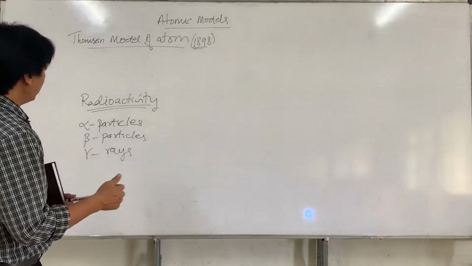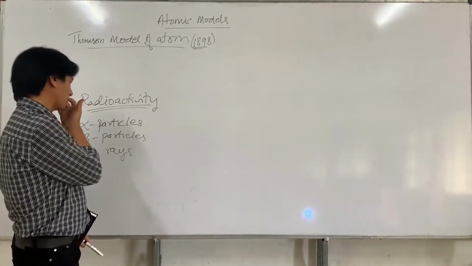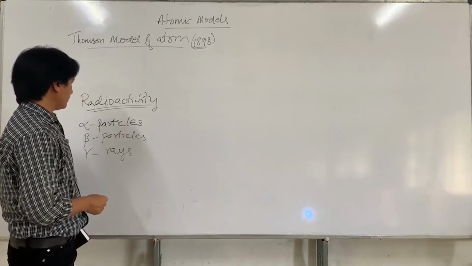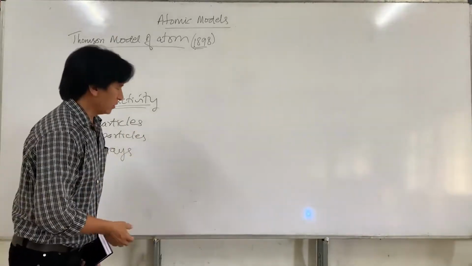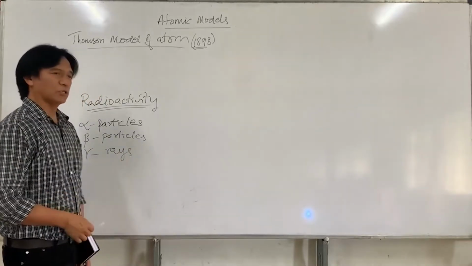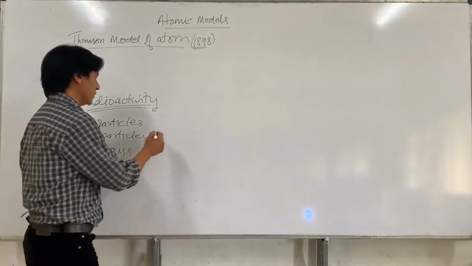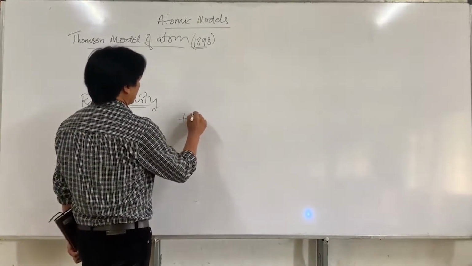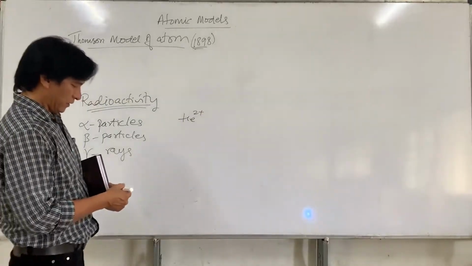Now, as far as alpha particles are concerned, these are high energy particles having 2 units of positive charge and 4 units of atomic mass. So these alpha particles are actually nothing but your helium nuclei, that is the nucleus of helium.